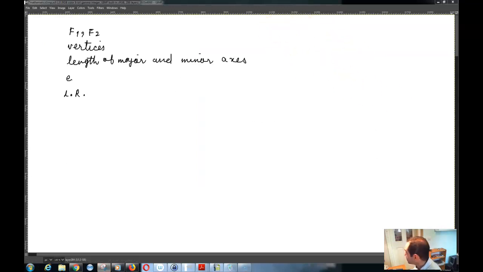And the ellipse that we have is x squared over 36 plus y squared over 16 is equal to 1.